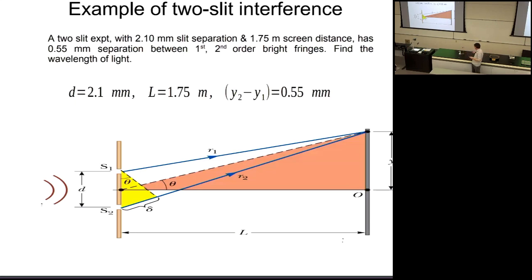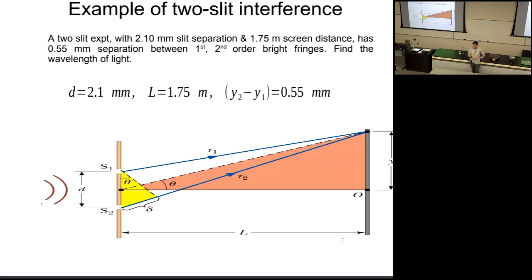And so I could calculate the wavelength of the laser light from the pointer, knowing the thickness of the wire, the slit separation, knowing the distance to the screen on the wall here, and measuring that little distance that we saw between adjacent bright fringes.